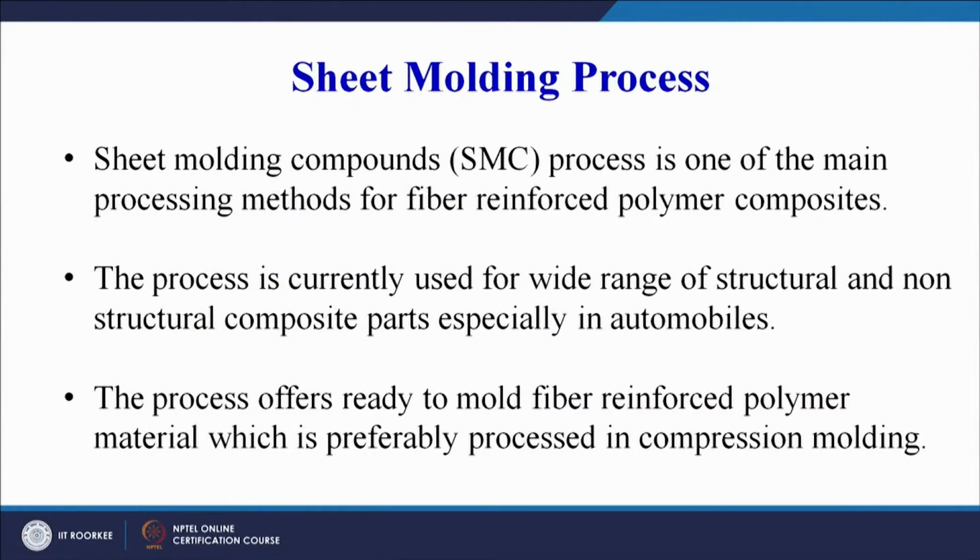SMC, sheet molding compounds, are very common materials that are used for molding of composite parts. Sheet molding compound is one of the main processing methods for fiber reinforced polymer composite. It is half cooked, half baked material which is fully cured to make a composite product.